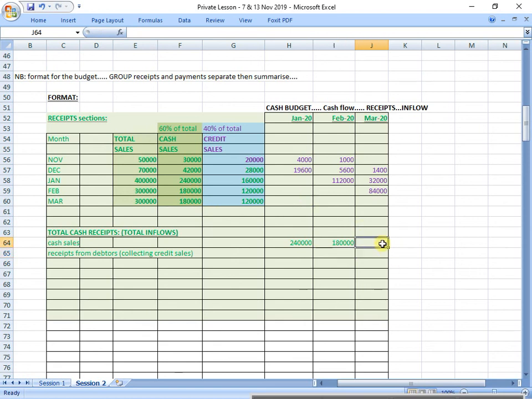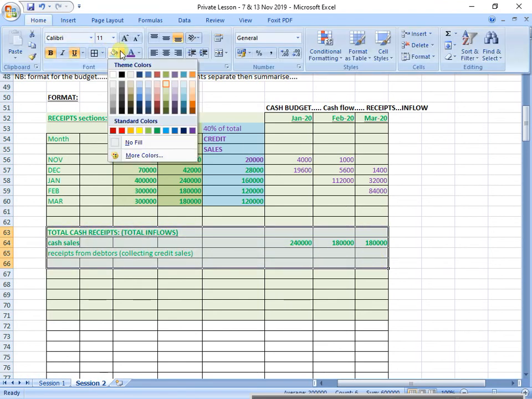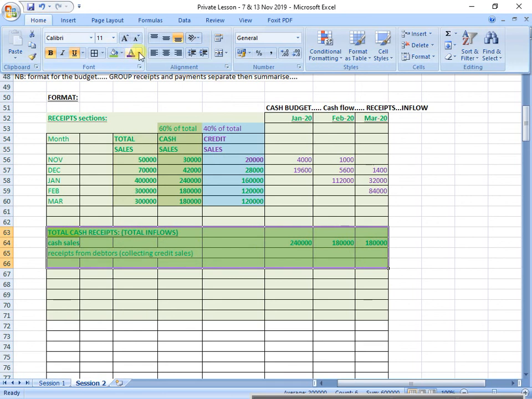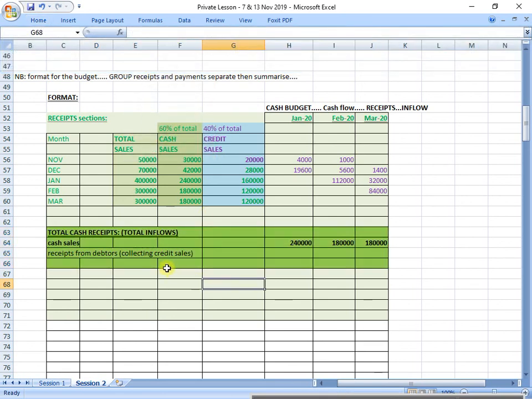How much cash sales do you have in March? Correct. 180, 180. Good. Okay, notice, what is that? The cash sales. Okay, we're summarizing at the bottom.